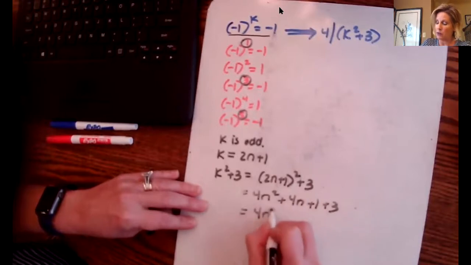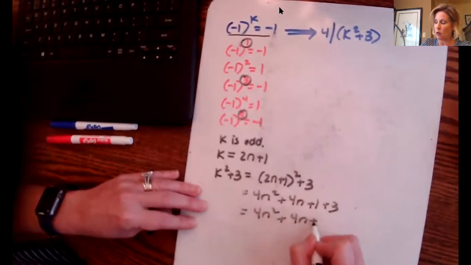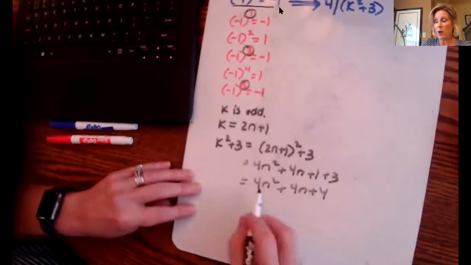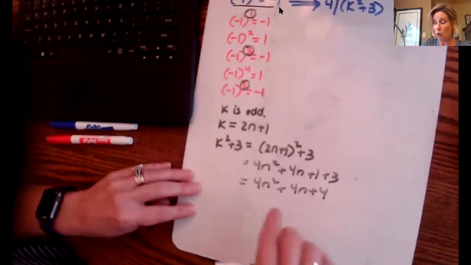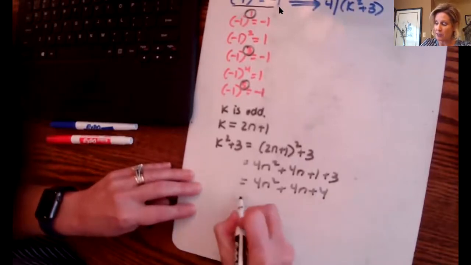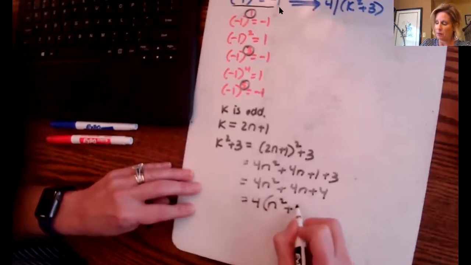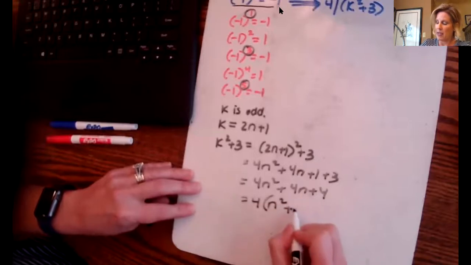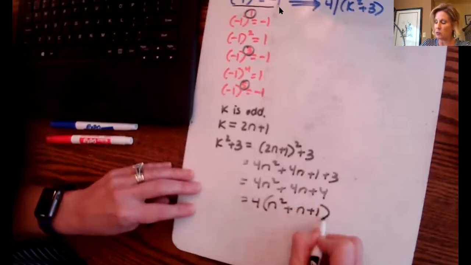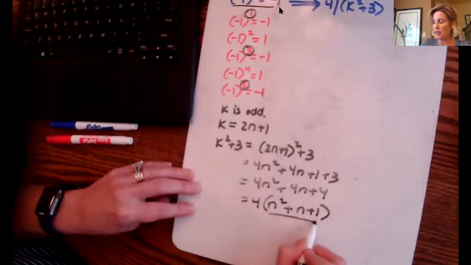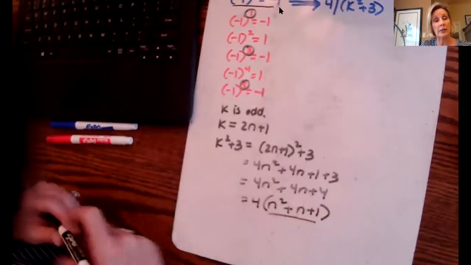Well, that's 4n squared plus 4n plus 4. So I see that, in fact, 4 does divide this expression because I could factor out the 4 and make it n squared plus n plus 1. And what I know is that n squared plus n plus 1 is an integer.